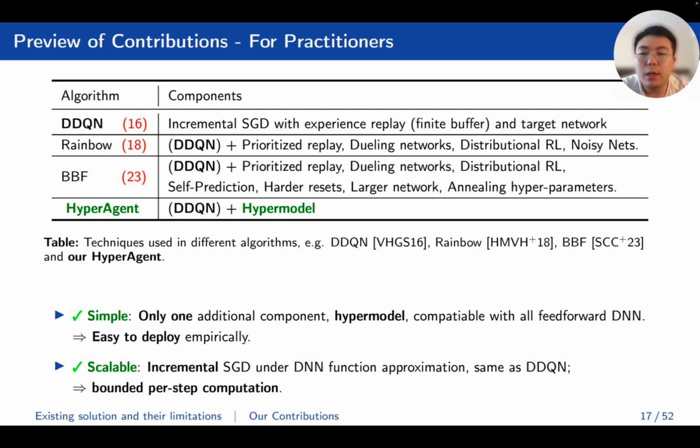So it's still scalable, and we don't have so many tuning components. No prioritized replay, no dueling, no distributional RL, no hard reset, no self-prediction. We don't have a larger network, and we don't have many tricks to tune the hyperparameters. So basically, we use the DQN and this hypermodel. This is for practitioners. It is simple.